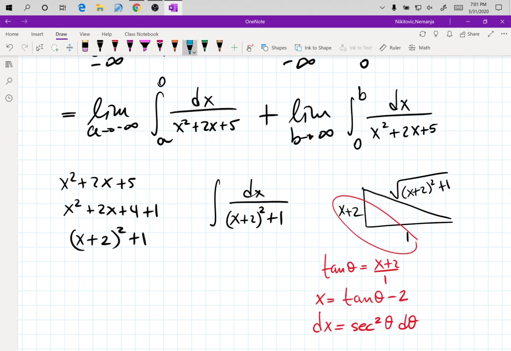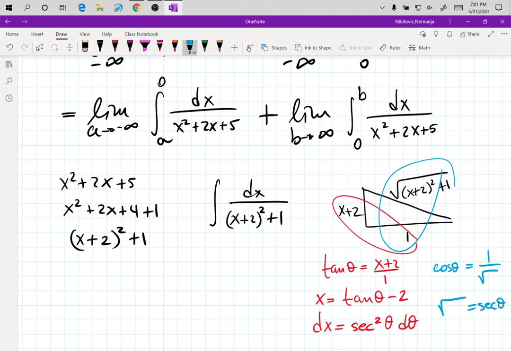So we have to have that. And then we have the blue equation, which is this mess. That will be our lovely cosine theta, which is equal to 1 over the square root, from where the square root is equal to secant theta.